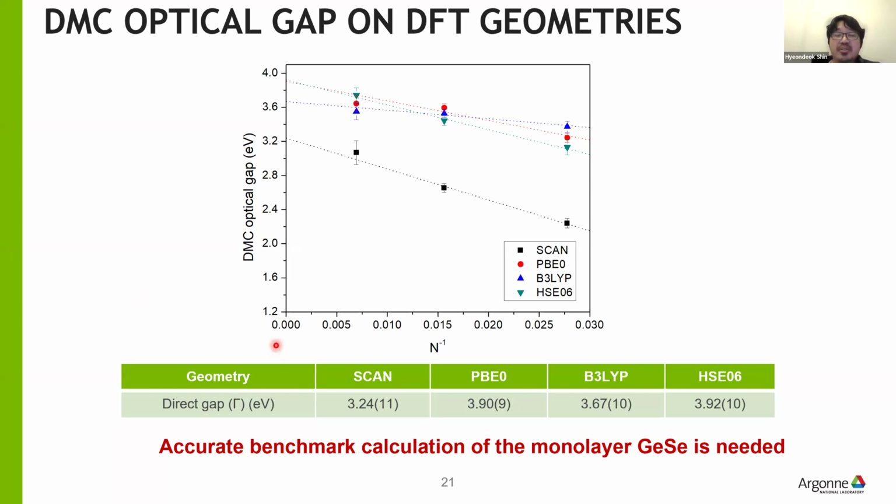We see a strong difference in the calculated indirect gaps from DMC just with the different geometries. So accurate benchmark calculations of monolayer germanium selenide geometries are needed to obtain accurate optical properties for the monolayer systems.